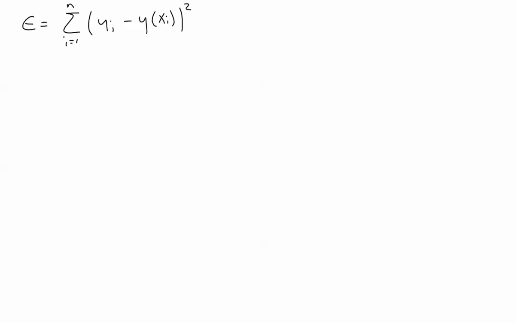Now we're going to seek an optimum alpha and beta, and the way we're going to do that is I'm going to write down two equations. I'm going to take the derivative of epsilon with respect to alpha, and I'm going to set that equal to 0.